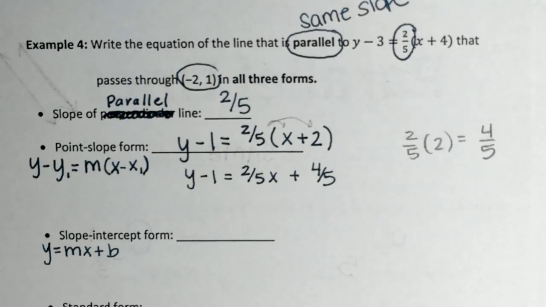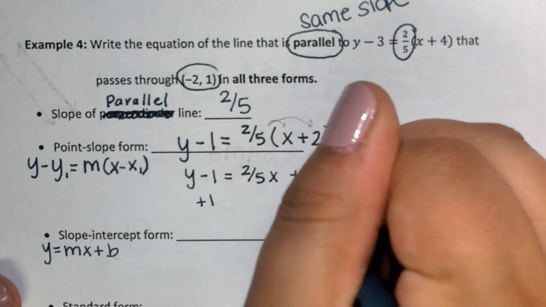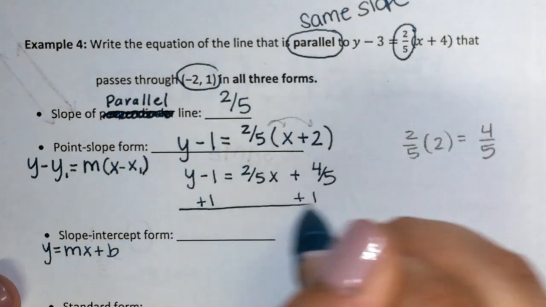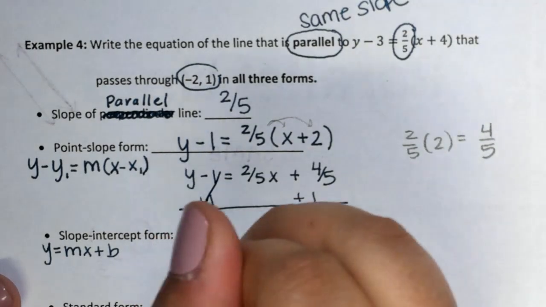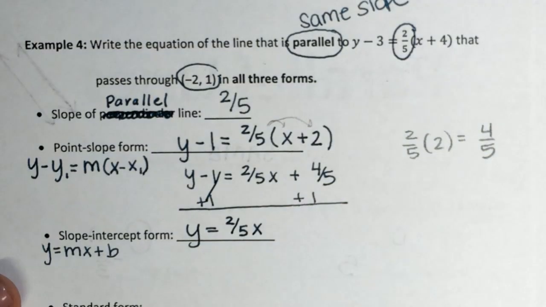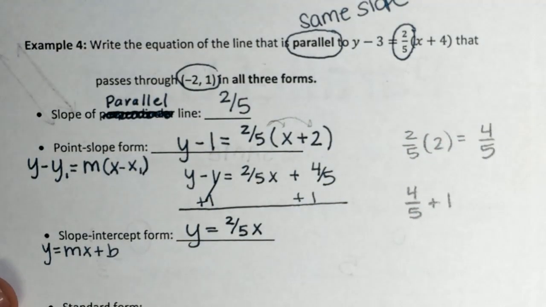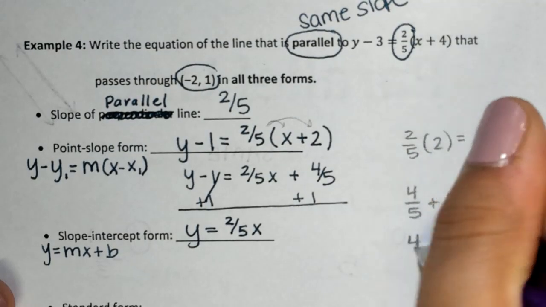What do I do to get y by itself? Add 1. And be careful. That's going to leave me y equals 2 fifths x plus, but what is 4 fifths plus 1? 1 and 4 fifths.